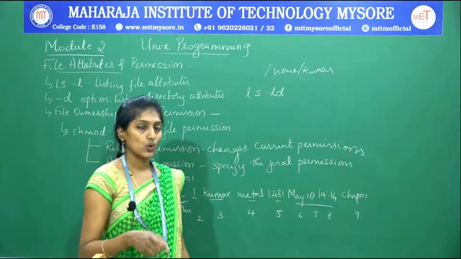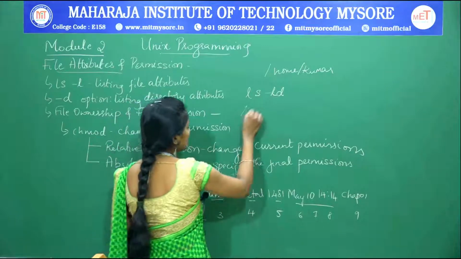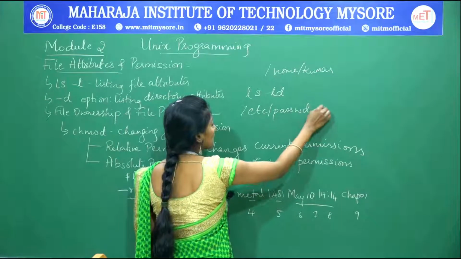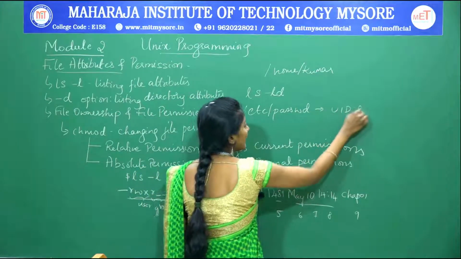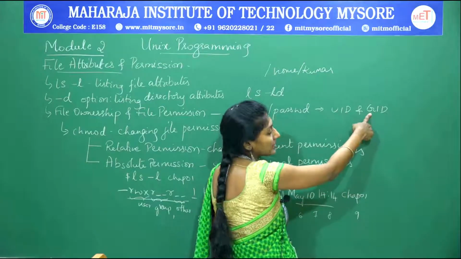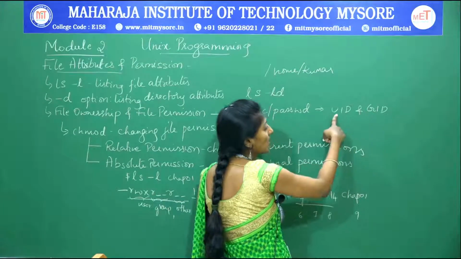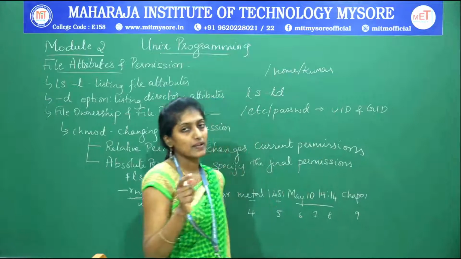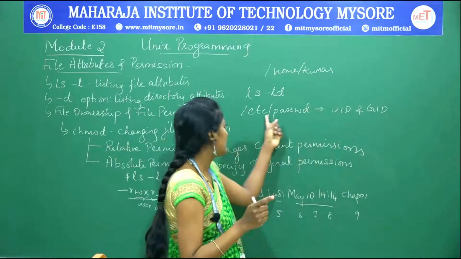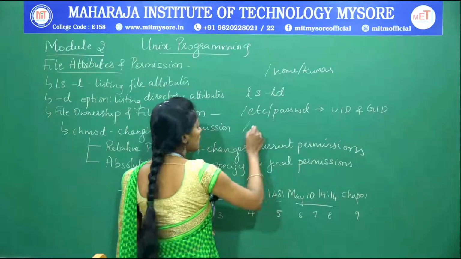That can be known under the path /etc/passwd. Under this path you can know the UID and the GID. UID represents the unique identification number, GID represents the group identification number. The UID will display the name and the identification number, GID will display just the number if you are under this path.